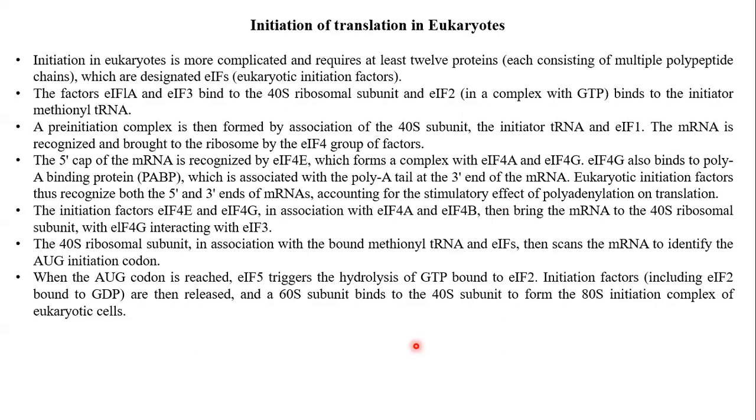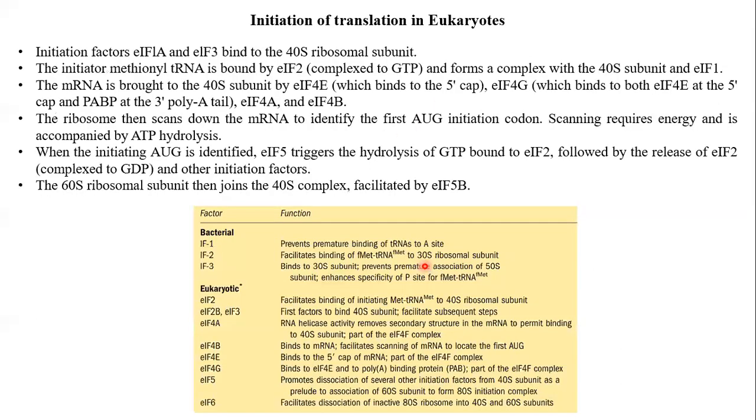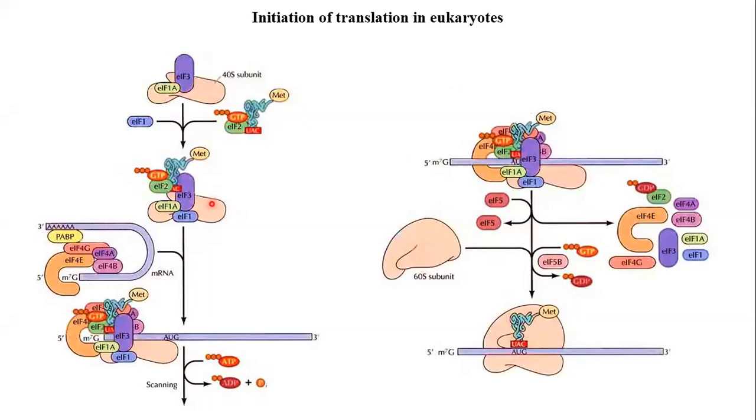So initiation in eukaryotes is a bit different. We'll follow these steps, but let's first see the diagram. Okay. This is the initiation of translation in eukaryotes. Now in eukaryotes, there are more initiation factors. So they are represented like this, eIF. E stands for eukaryotes and IF is for initiation factor.